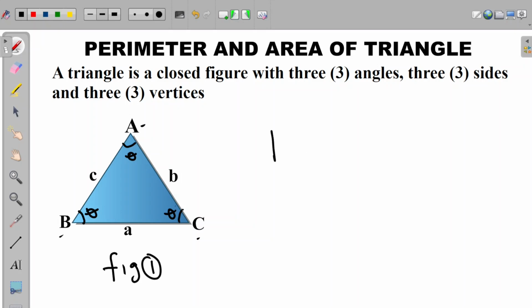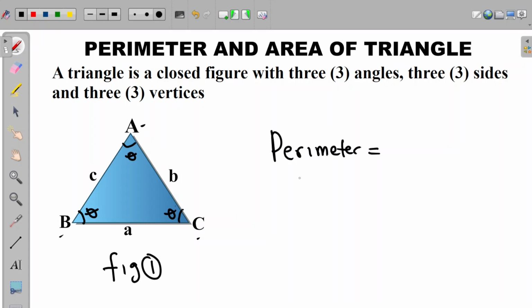We can obtain the perimeter of a triangle. Now, the perimeter of a triangle is given as the summation of the sides of a triangle. That is, the sum of all the sides of the triangle is known as its perimeter.